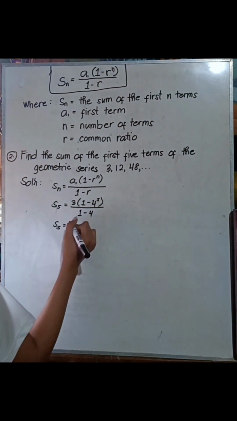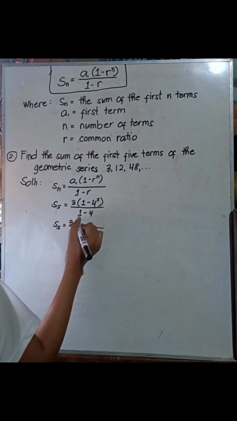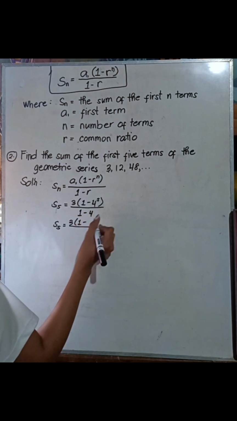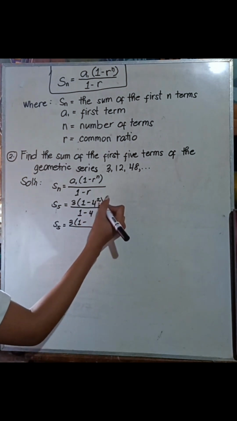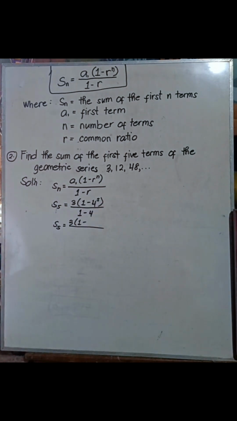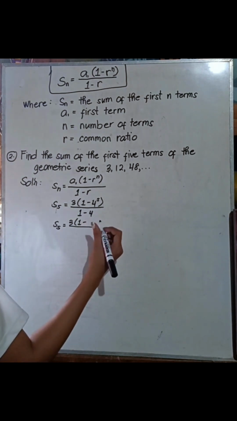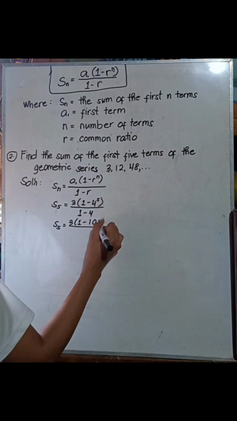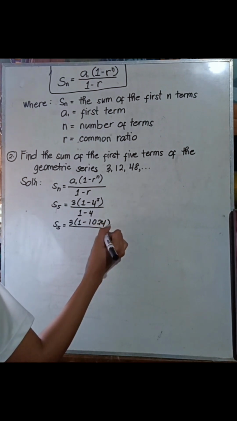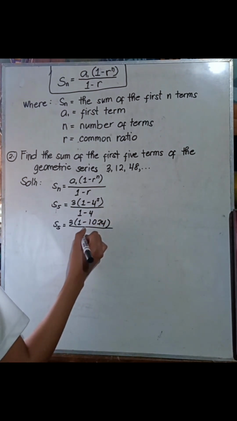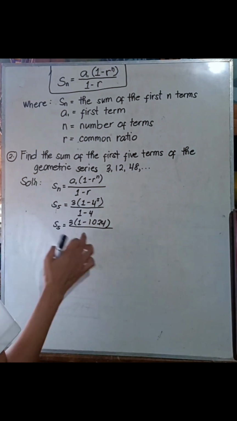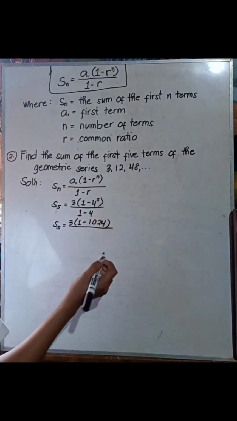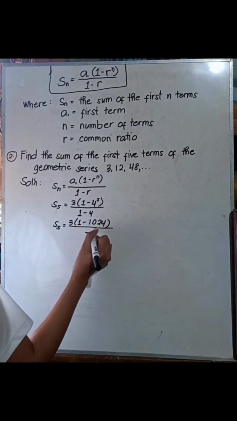Next, S sub 5 is equals to 3 times 1 minus, what is 4 exponent of 5? 4 exponent of 5 is equals to 1024, over 1 minus 4 is equals to negative 3.